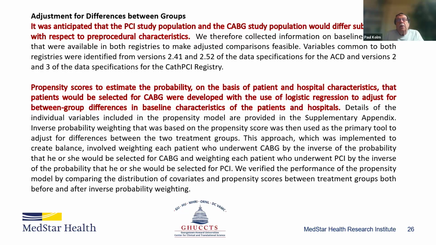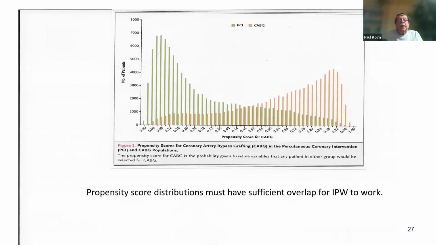So when you do IPW, inverse probability weighting, one of the things that is necessary is that the propensity scores between the two groups have sufficient overlap for IPW to work. And this is a plot of the propensity scores for the two groups, and you can see that in this case, there's a fair amount of overlap. So why do we need this?